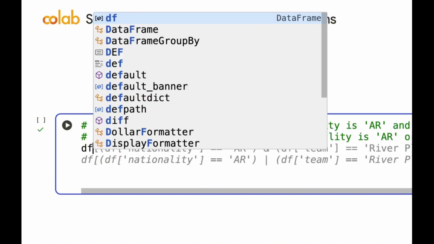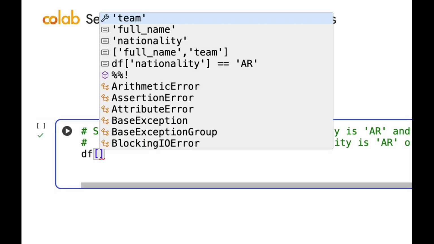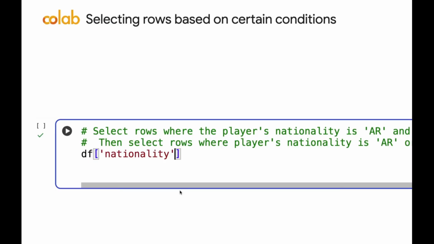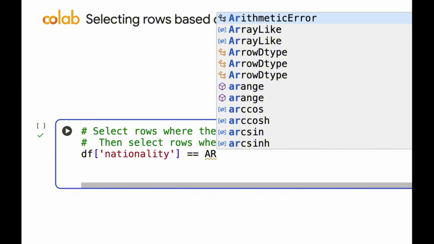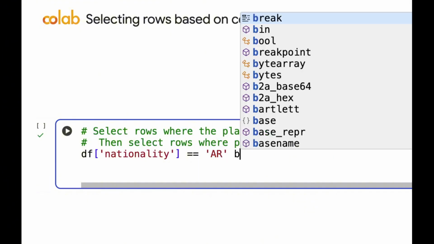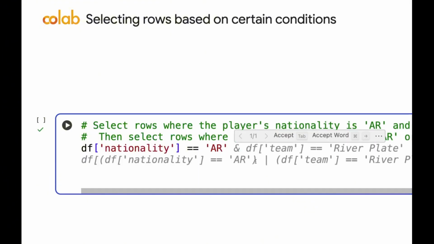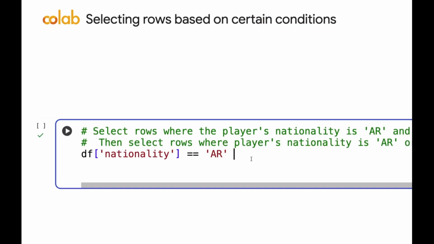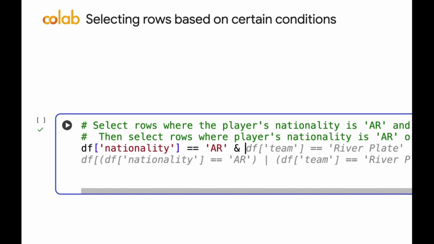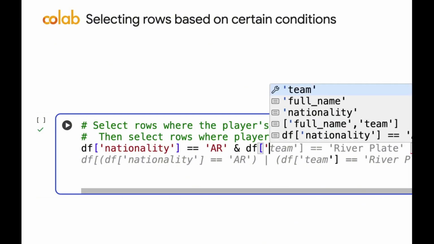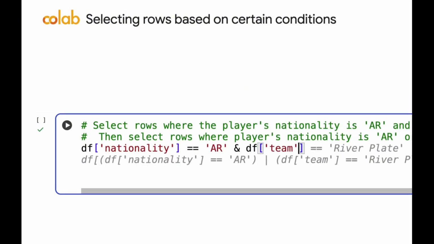So we can do df nationality equal to AR. That's one condition, but that's not enough. Now we have a second condition. In the meantime, we also need to satisfy the second condition, which is that df team is equal to, the hint says River Plate, but let's do Racing Club.